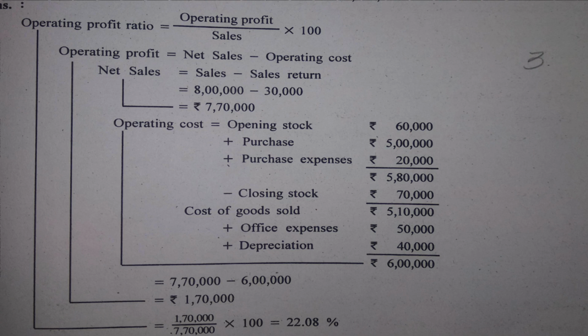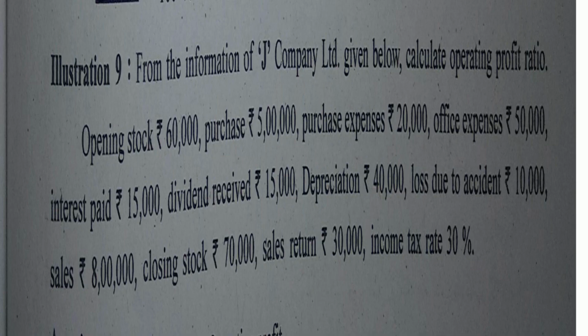Next thing that you are supposed to obtain is operating cost. What is operating cost? COGS plus operating expenses. COGS is not readily given in the question. You need to find out COGS. And the formula for finding out COGS is what? Opening stock. See, the content is given.